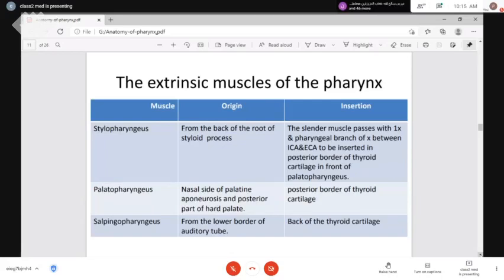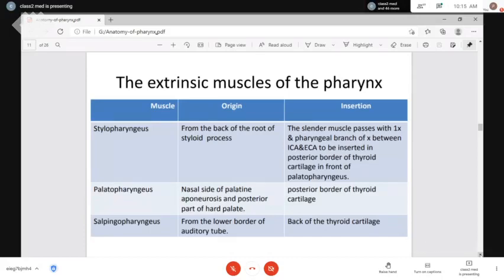The palatopharyngeus muscle originates from the nasal side of the palatine aponeurosis and the posterior part of the hard palate, and is inserted into the posterior border of the thyroid cartilage.